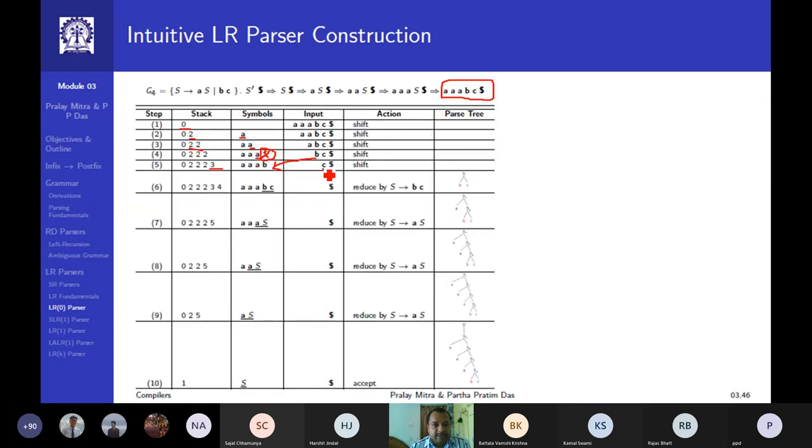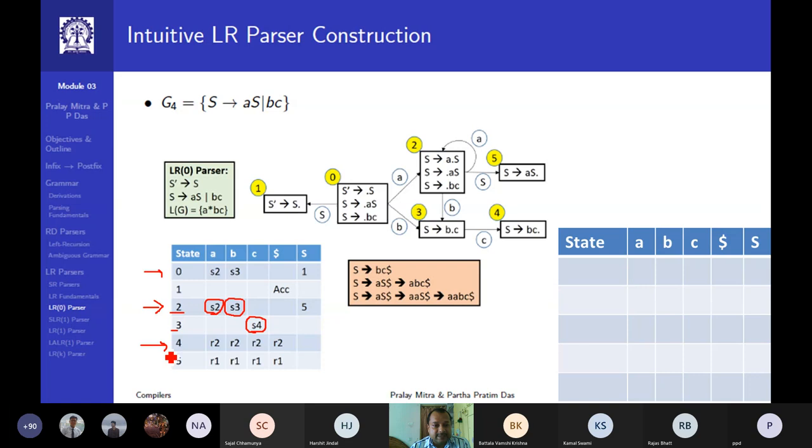So I am shifting C here and I am pushing 4 here. Now standing at state 4, when I see that input is dollar, reduce by R2. What is my R2? S derives BC, the second one, because this is my 0, this is my 1.